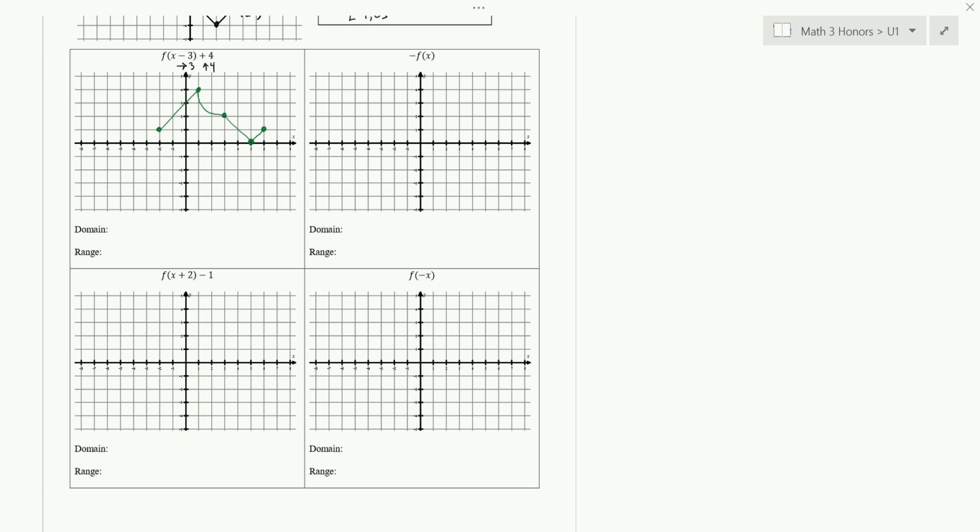You could just do this one. Okay, interval notation. If you want, guys, for domain and range, you could just do it in interval notation. I'm fine with that. Or you could do it in both. Interval notation is going to be the one we fall back on the most. So you could either do both or just interval notation.